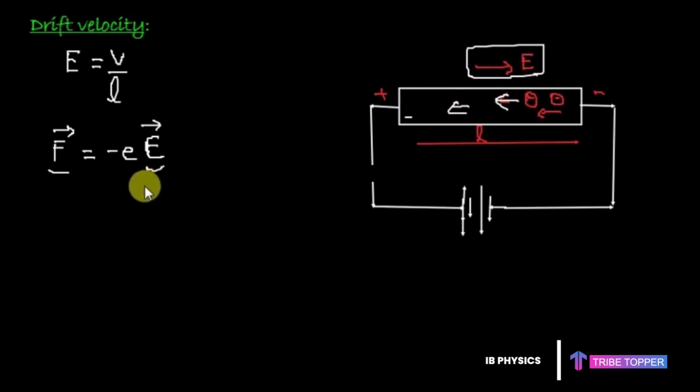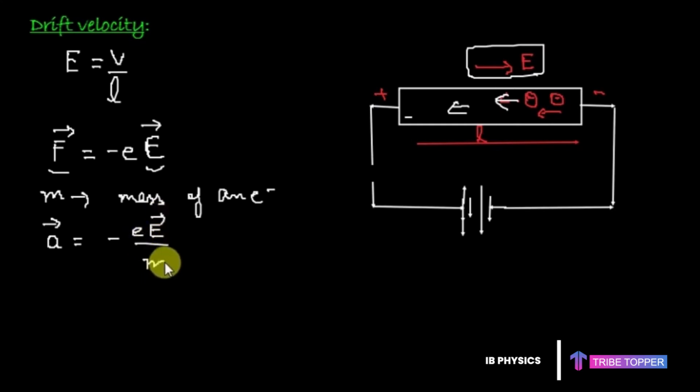Now, when this force is applied, and if we say m is the mass of each electron, then what would be the acceleration of every electron? It will be force upon mass. So the acceleration is equal to minus e times E upon m.